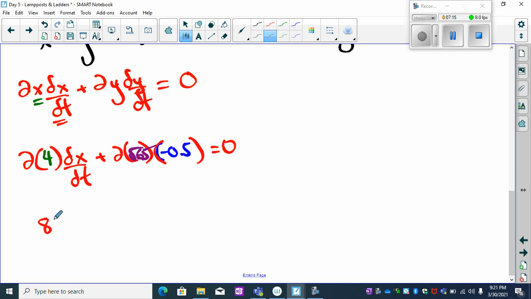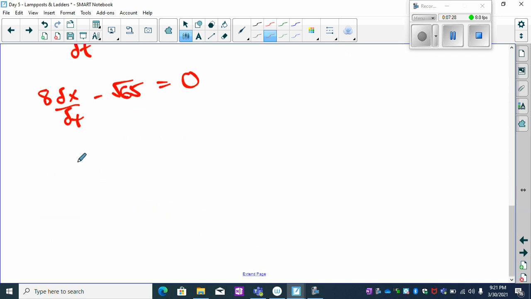Okay, 8 dx over dt. This would be 1 times root 65, or negative 1 times root 65, so negative root 65 equals 0. Dx over dt is going to equal the square root of 65 divided by 8. So I just added root 65 to both sides, divided both sides by 8.